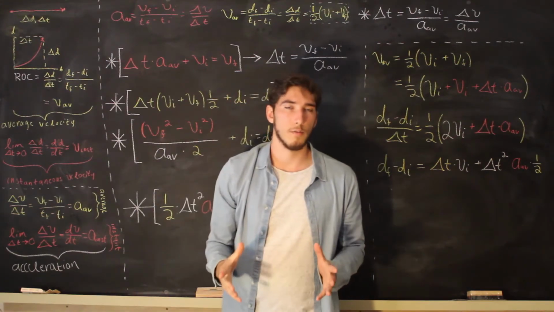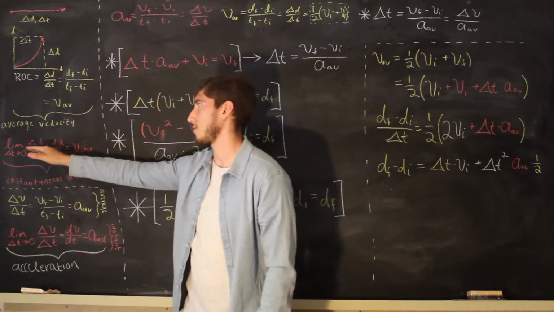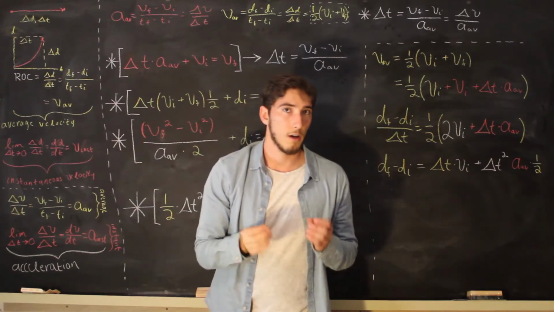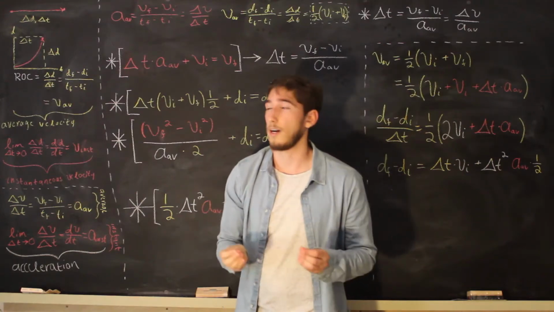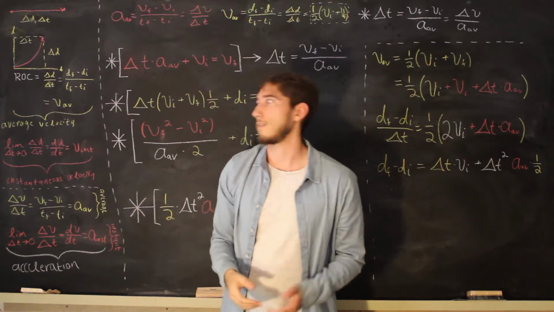Now, if you don't know what a limit is, in other words, this just means that we're taking the change in distance over an infinitely small change in time. Not a non-existent change in time, but an infinitely small change in time. So the limit is going to 0, but it's not at 0.